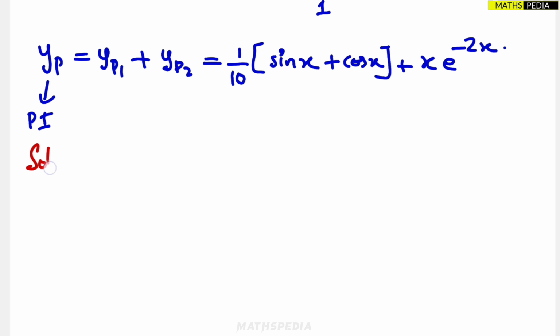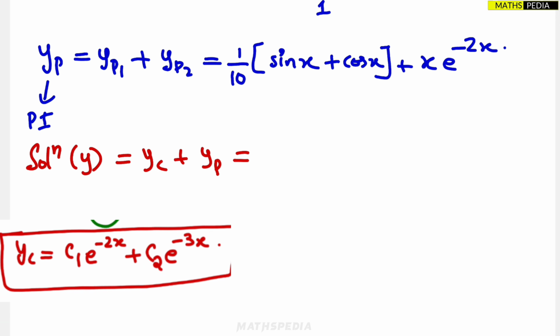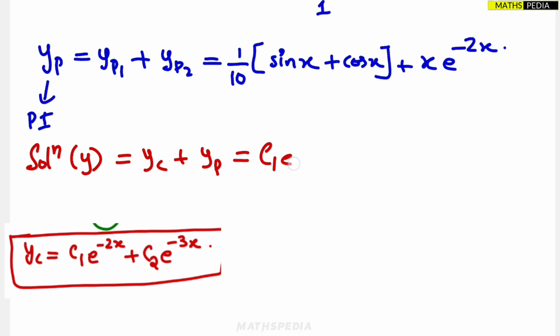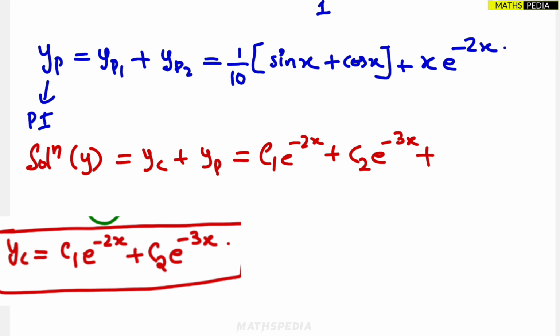The solution, or we can say the y value, is equal to Yc plus Yp. Yc value we already calculated in the starting: C1 e power minus 2x plus C2 e power minus 3x, plus this whole Yp value.